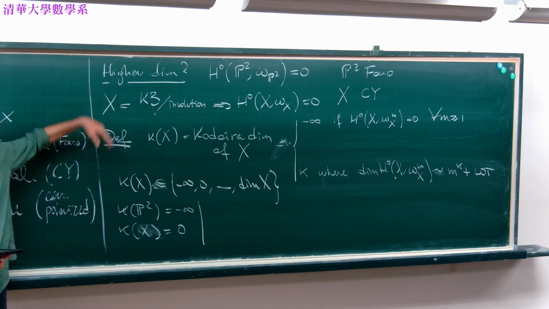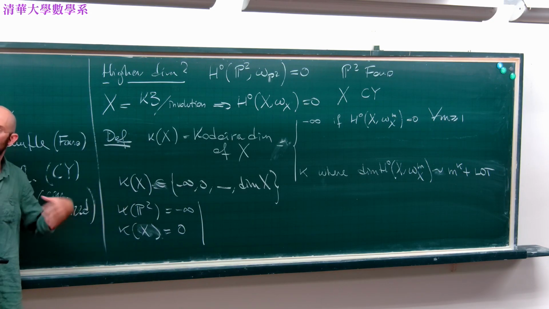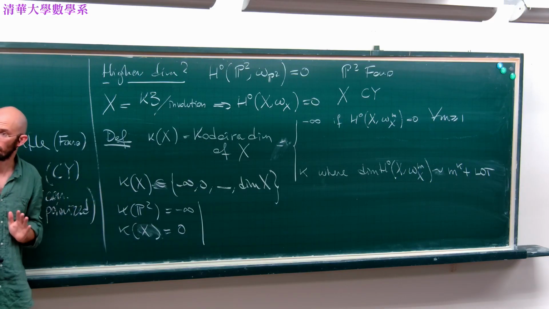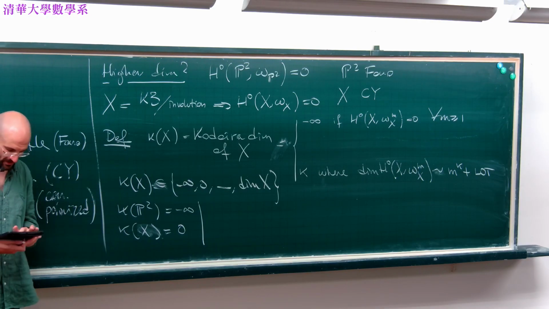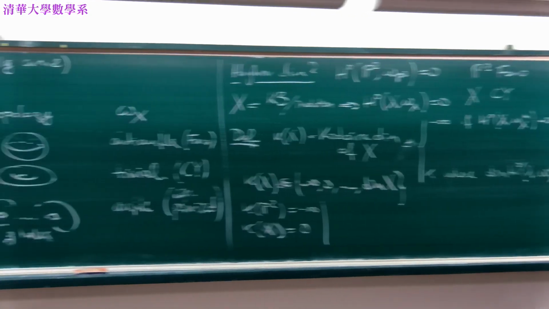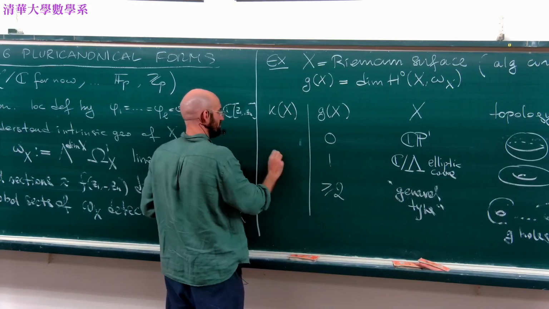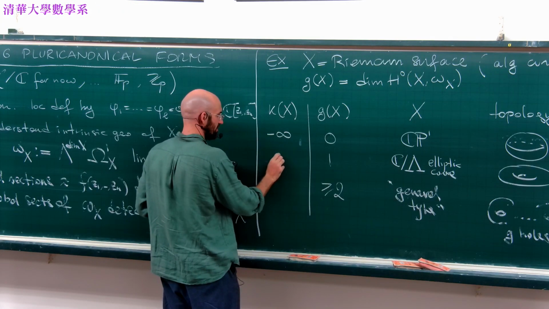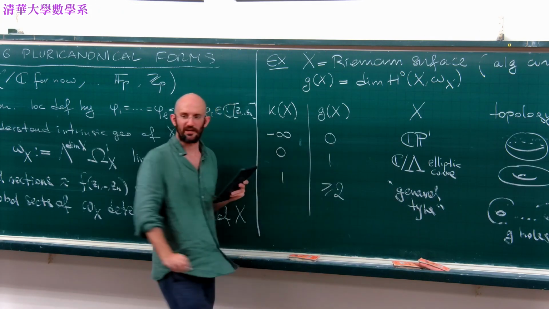So now, by looking at all the powers of the canonical, we can separate P2 from the Enriques surface. And just to fit this classification in the old one here for curves, I can tell you what the Kodaira dimension is in this case. We have minus infinity here, 0, and 1.